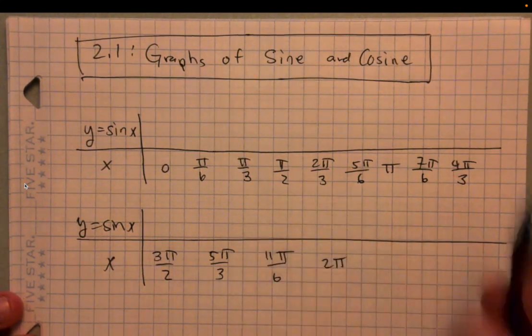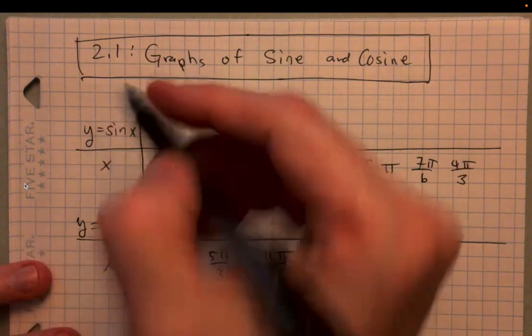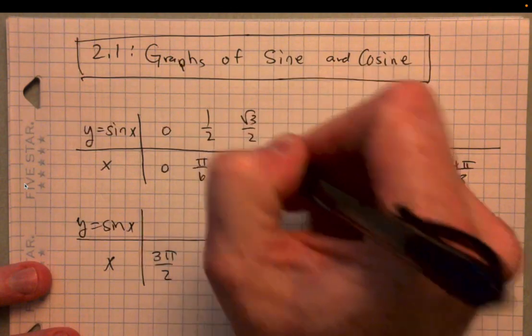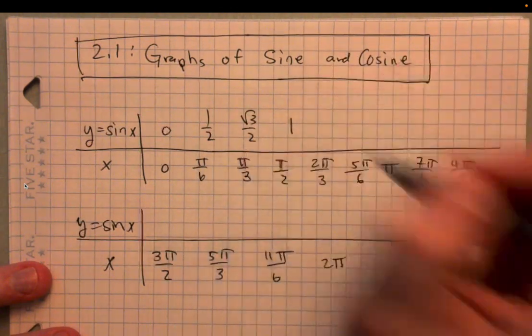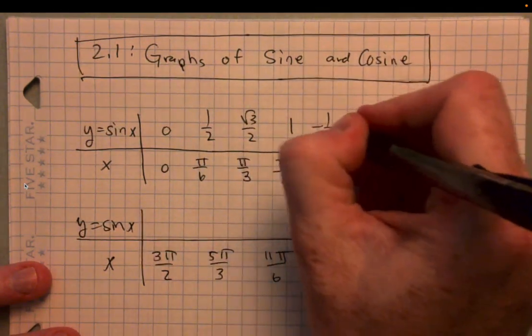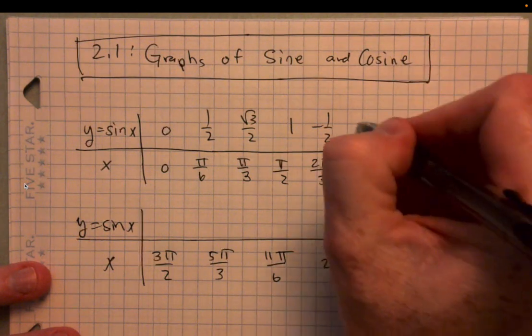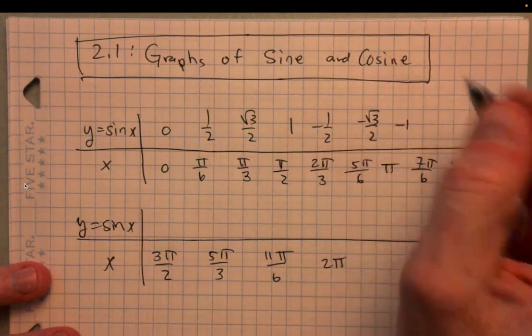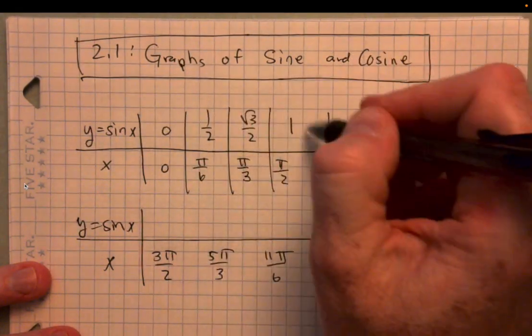We've been through a lot of these, and we know the values. So 0, 1/2, square root of 3 over 2, and 1. And then negative 1/2, negative square root of 3 over 2, negative 1.